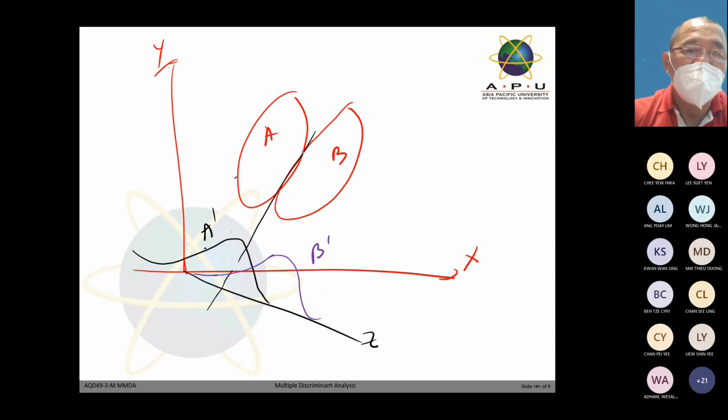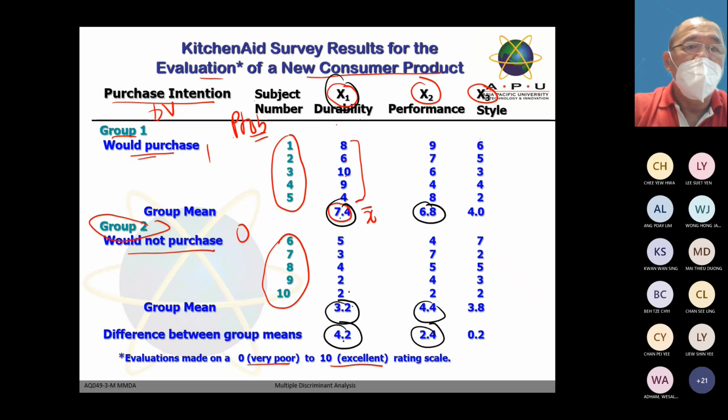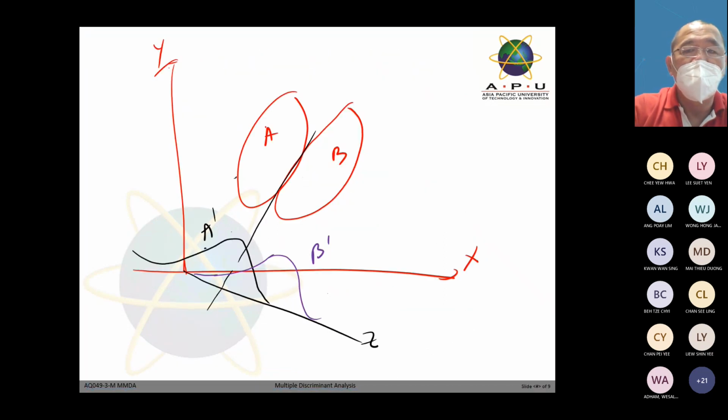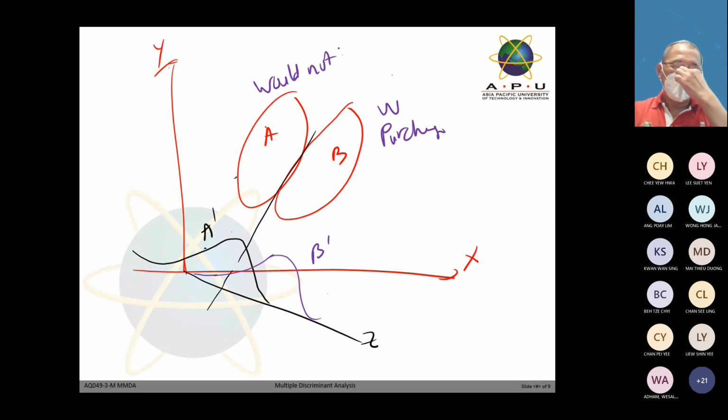So there's some area, means now we want to do the grouping. We still can use this example, would purchase and would not purchase. So this one, would purchase. Would not. Sometimes you may make a mistake.